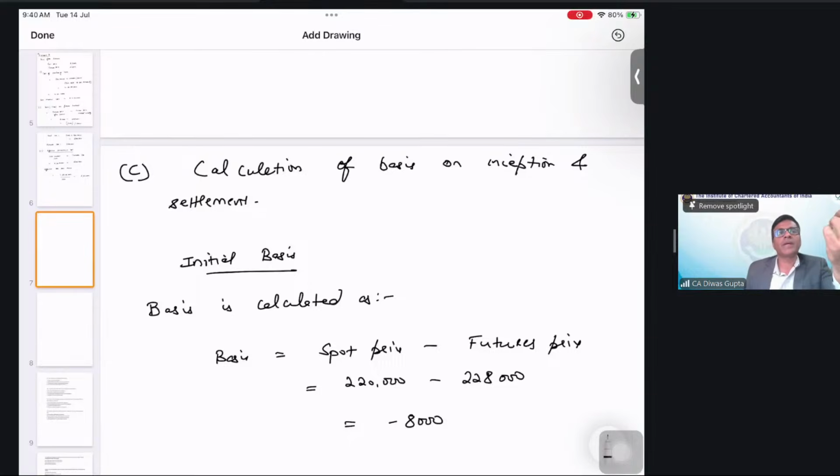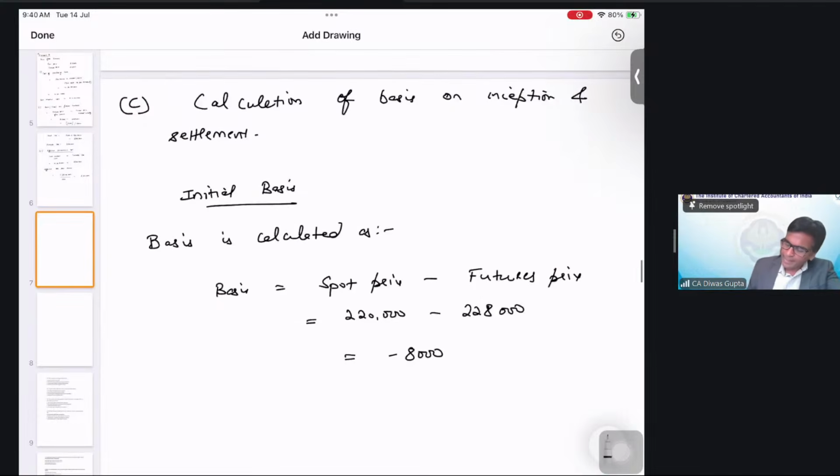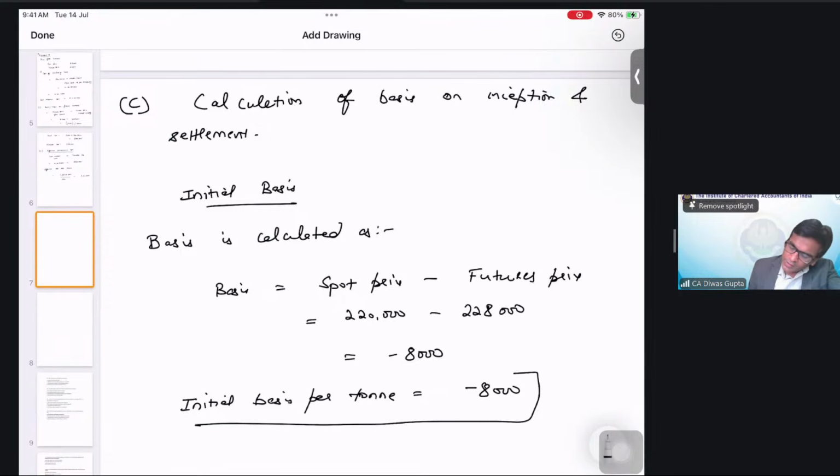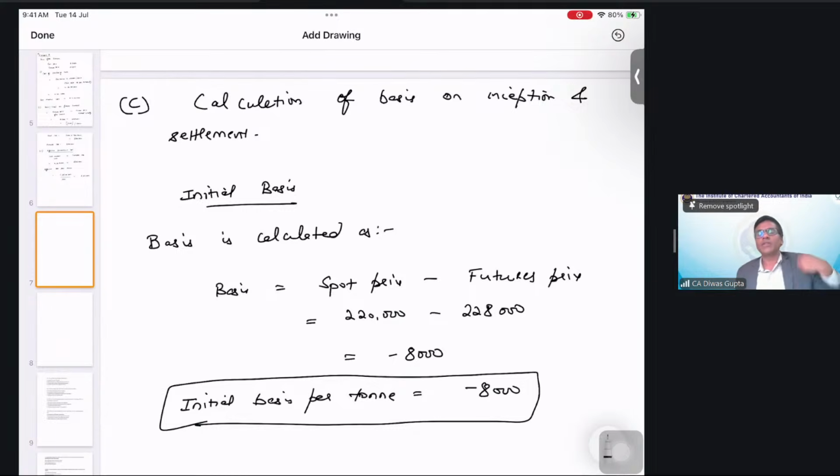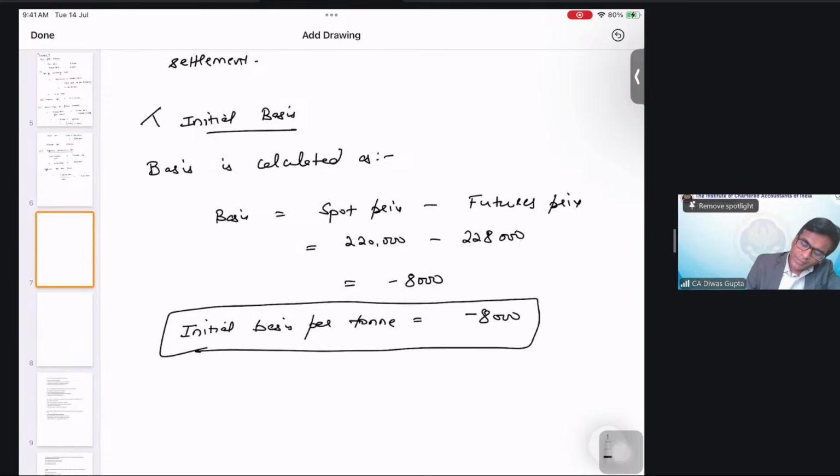So minus 8,000 becomes the initial basis. So this is the initial basis per ton of 8,000 rupees. Okay, so this was the first part.